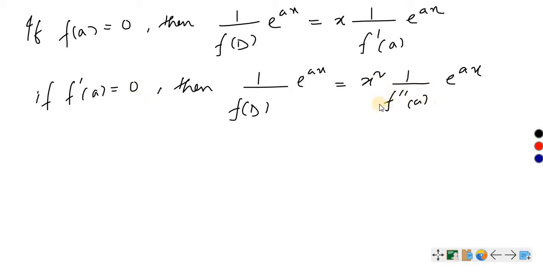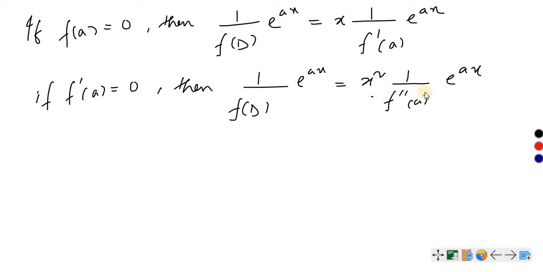So the many times we differentiate, the many times we multiply by x. Here we have differentiated twice, so we have put x². If we differentiate it thrice, then we put x³, and so on.